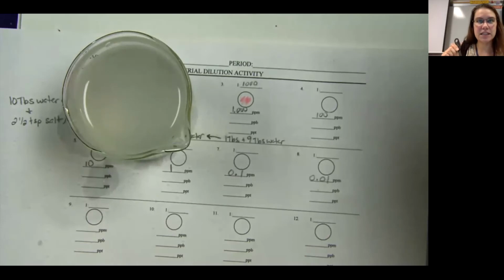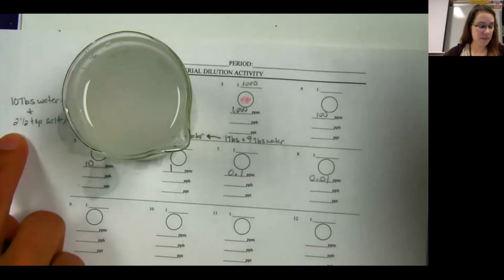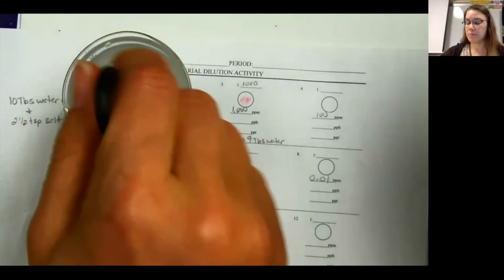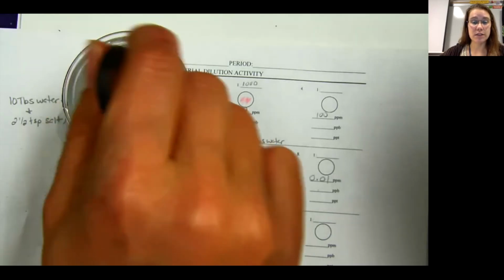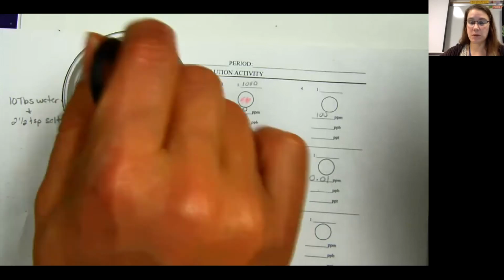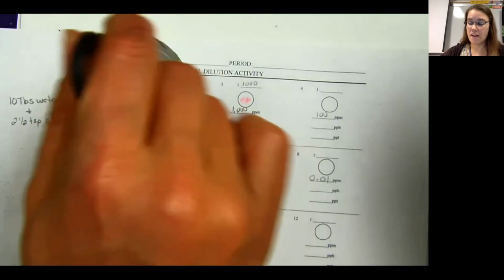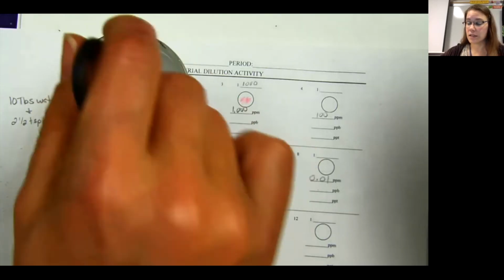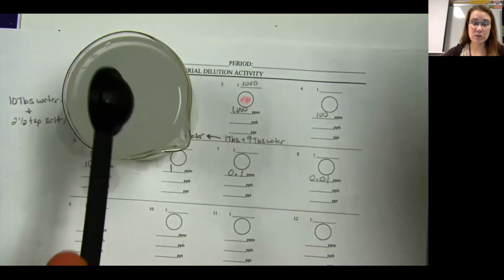I had a 1/2 teaspoon measure, so I needed to add 5 of them to get 2.5 teaspoons of salt. I'm going to stir that up until it's all the way dissolved. That is going to be my 100,000 parts per million solution. From there, I'm going to dilute it just like the serial dilution lab that we did, only instead of drops, we're going to use tablespoons.